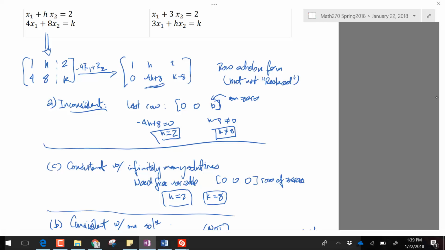It's not always a rule. The size of your augmented matrix makes a difference in when to use that row of zeros rule.